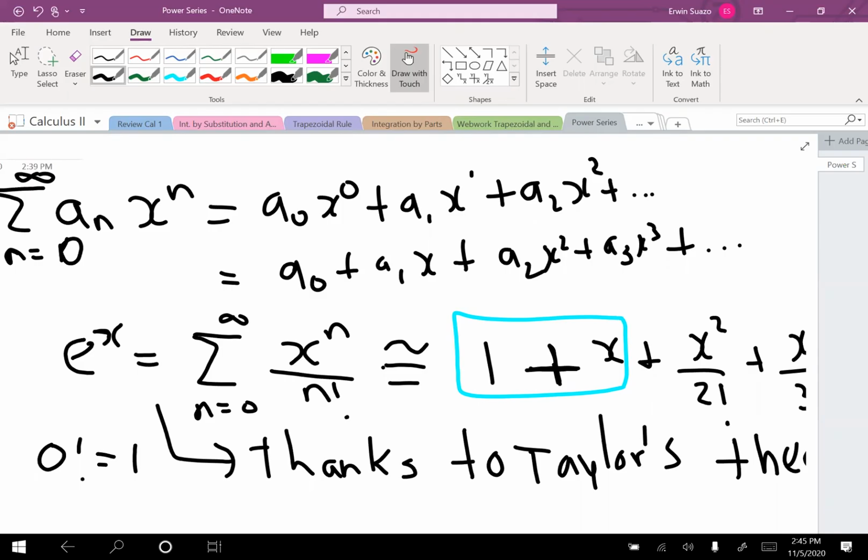Have you ever approximated a function by a line? Or the graph of the function at a certain point by a line? Yes, how do you call that?